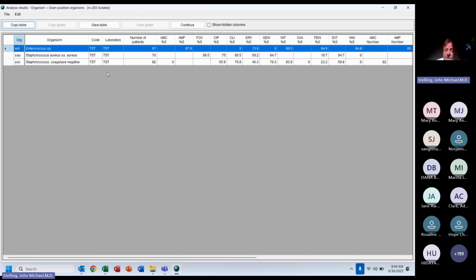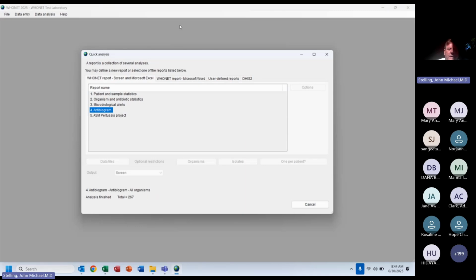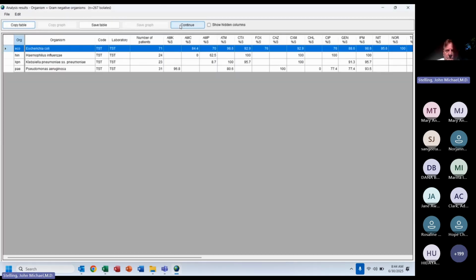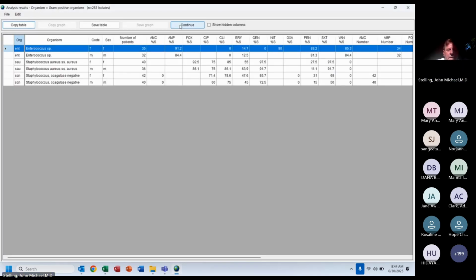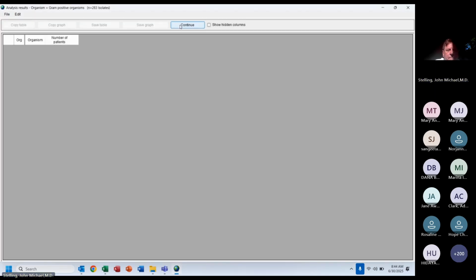But if you had 5 laboratories, you would see Staph aureus 5 times, 1 for each lab. So the gram-positive antibiogram by lab, the gram-negative antibiogram by lab, by gender, male and female, gram-positive. By gender, male and female, gram-negative.